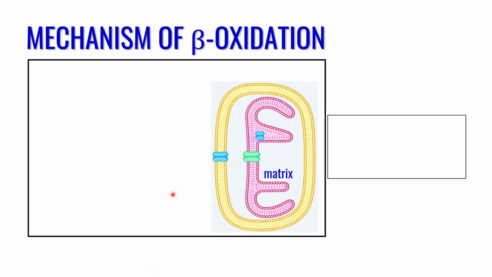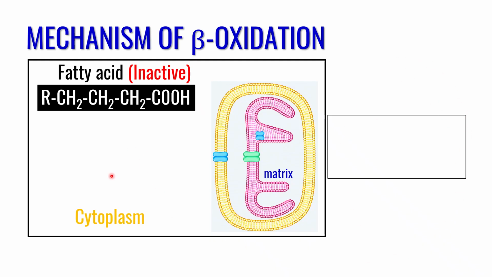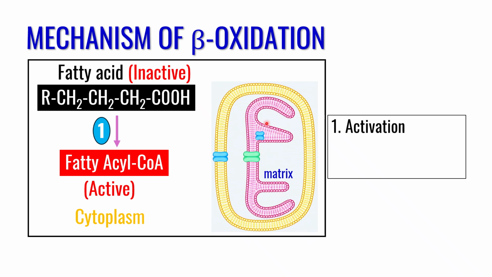Let me explain the mechanism of beta oxidation. Before beta oxidation, a fatty acid undergoes two important reactions. These reactions will be explained here with the help of this cartoon. As you know, the location of beta oxidation is mitochondrial matrix. However, fatty acids are present in the cytoplasm. They are in inactive state. Therefore, the first step is to activate them in the form of fatty acyl-CoA. So, fatty acyl-CoA is an active form of a fatty acid.